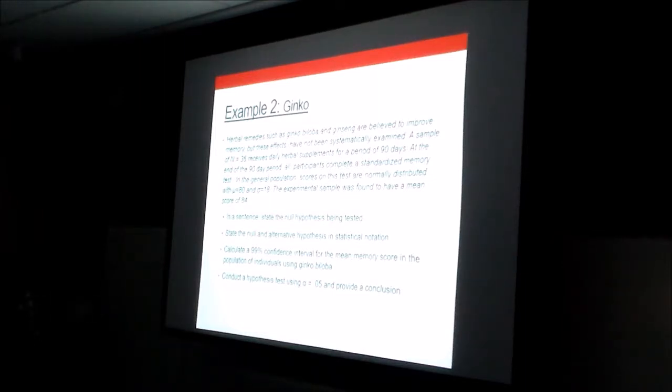Okay, and then what's the last thing we want to do? Calculate our Z statistic. Again, this is going to be 84 minus 80 divided by 3, which is our standard error. And that gives us a value of 1.33.